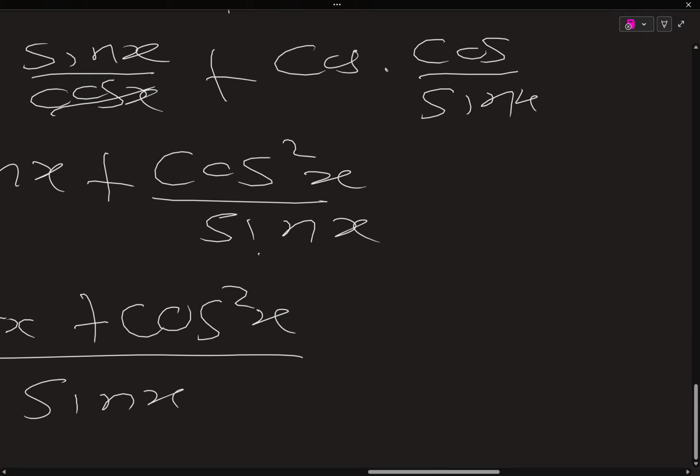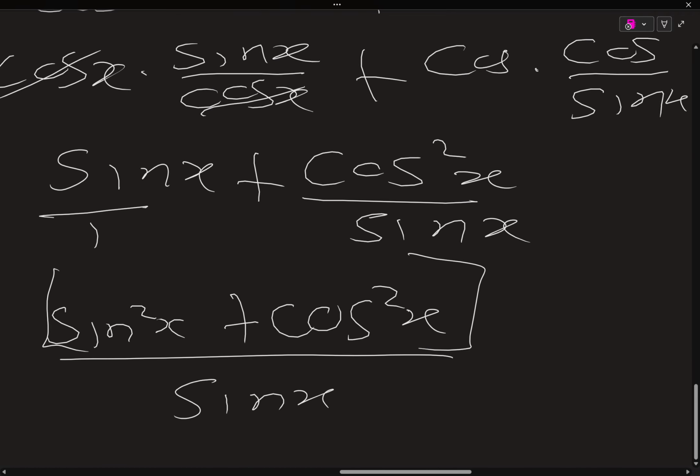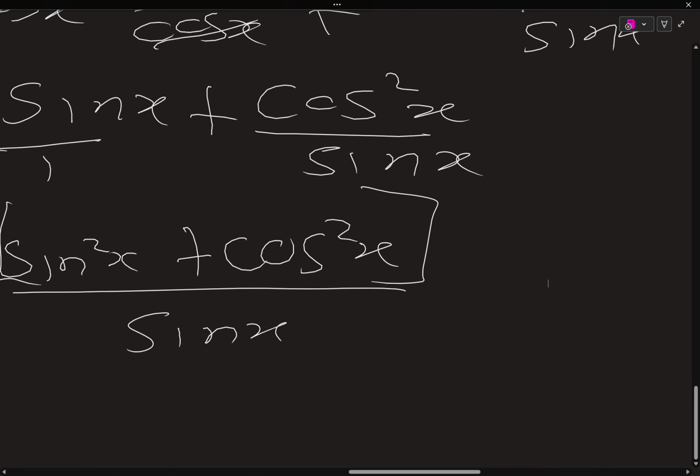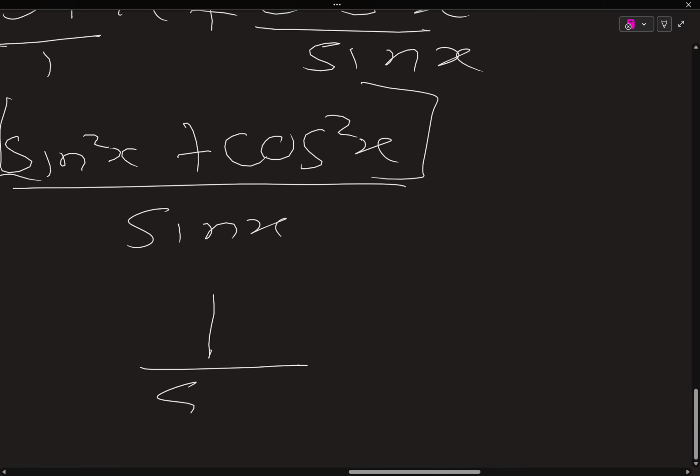This is still an identity under Pythagorean. If you haven't watched my Pythagorean video, I advise you to go and watch it so that you understand these steps. So this is simply 1, so I'm going to say 1 over sine. Under reciprocal, we said that 1 over sine is simply cosec.